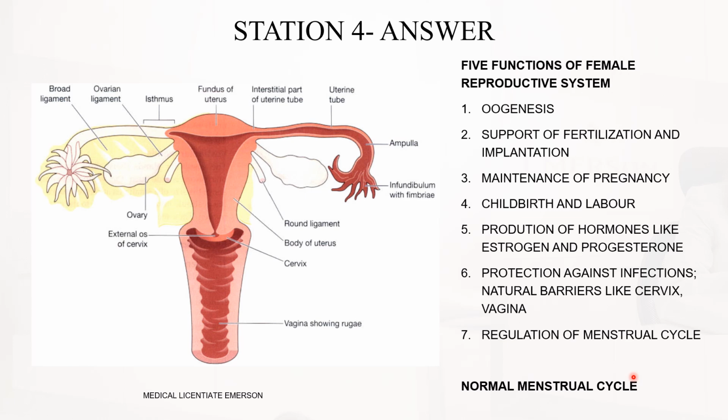Where the ovum ruptured from, that structure we call the corpus luteum. Then the corpus luteum will be producing progesterone.